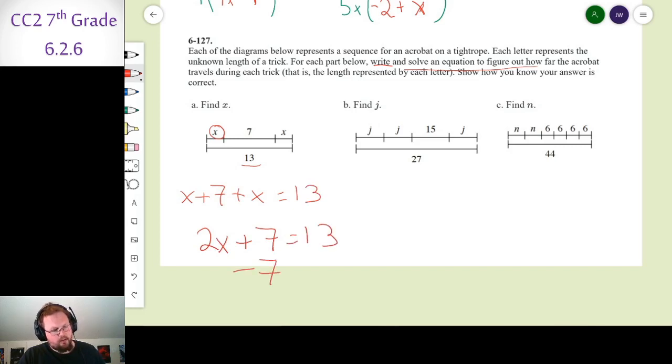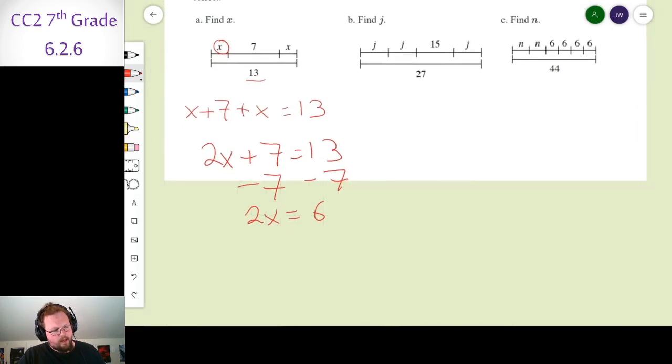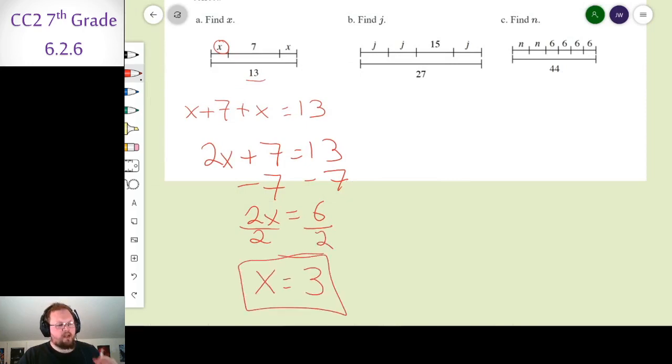Subtract 7. 2x equals 6. And divide by 2 to find that x is equal to 3. I know that when you have smaller numbers, you could absolutely guess and check your way through this, but writing and solving an expression is a good skill to have.